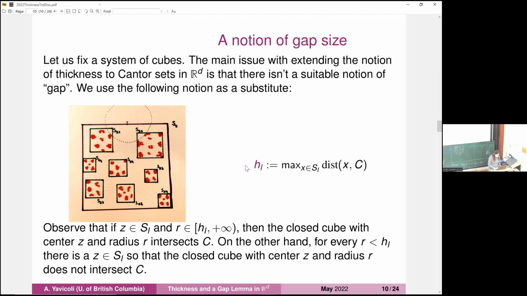So I define for a given cube, well, I'm going to use this picture. For a given cube S_i, I define the notion of gap size associated to this cube as the maximum distance over all the points x in the cube to the compact set C. So for example, my picture is a bit horrible, but I believe the point that is really far away from everything is this one here.